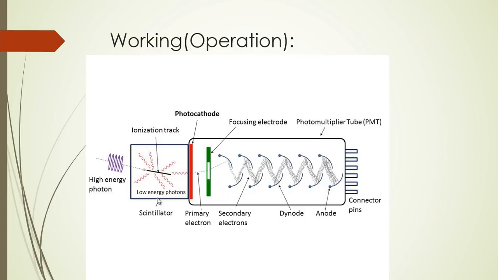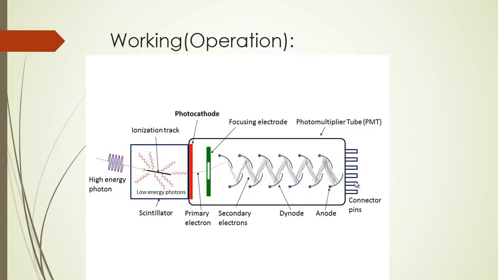So what happens is, whatever the amount of energy that is absorbed by the scintillator, the number of photons emitted by the scintillator is directly proportional to the amount of energy absorbed by the scintillator, and therefore the pulse that we get from our photomultiplier tube is also directly proportional to the amount of energy deposited to the scintillator.